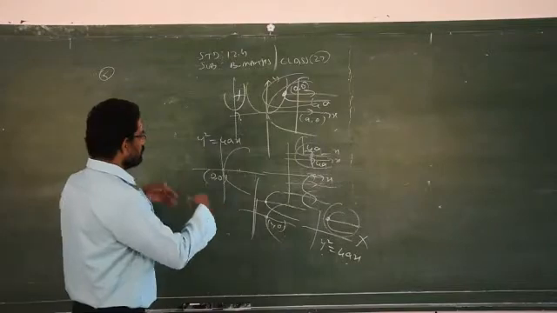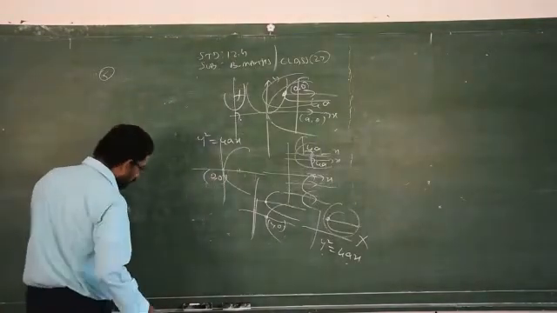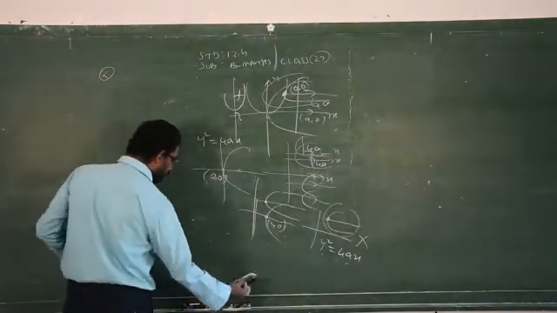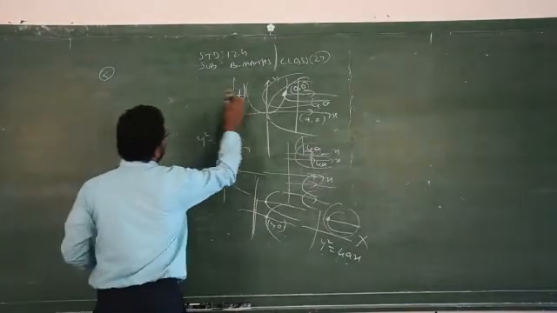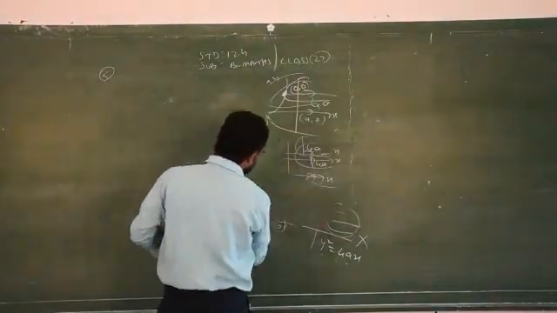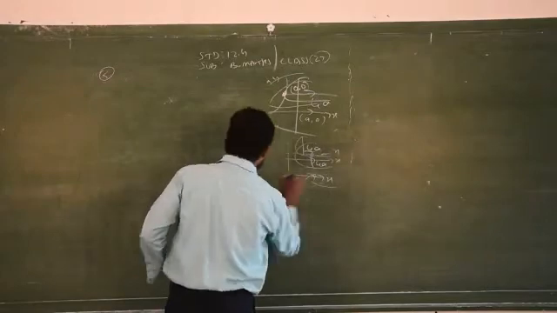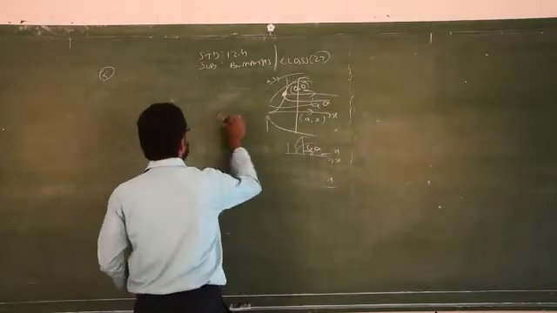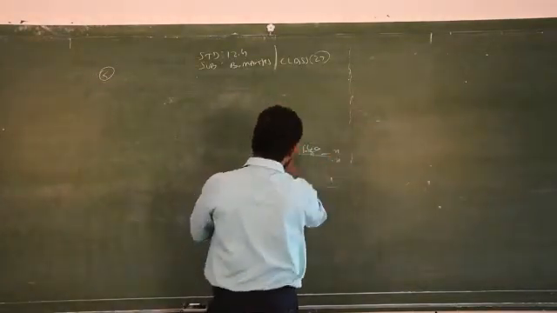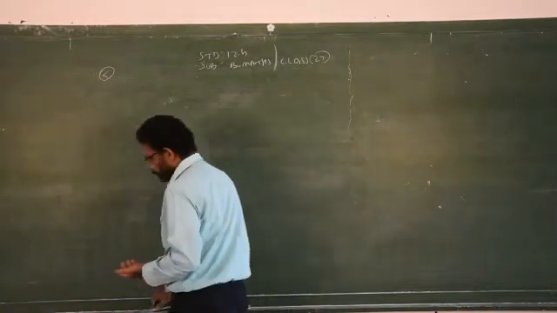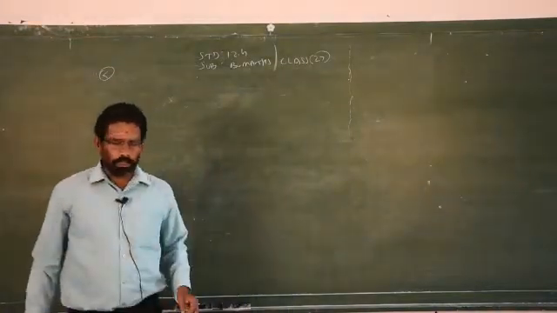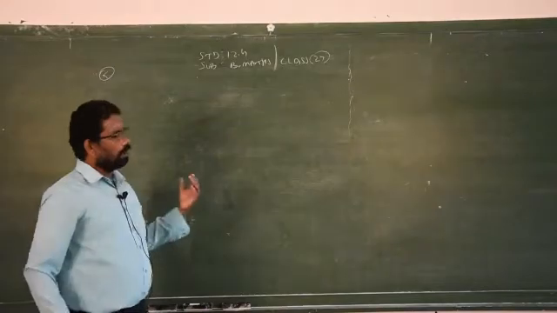But if it is passing through some other points, we have a formula. Recollect the circle: when the center is given, how do you write the equation of the circle? (x minus h) the whole square plus (y minus k) the whole square is equal to r square. The same concept you can use here when the parabola does not pass through the origin.